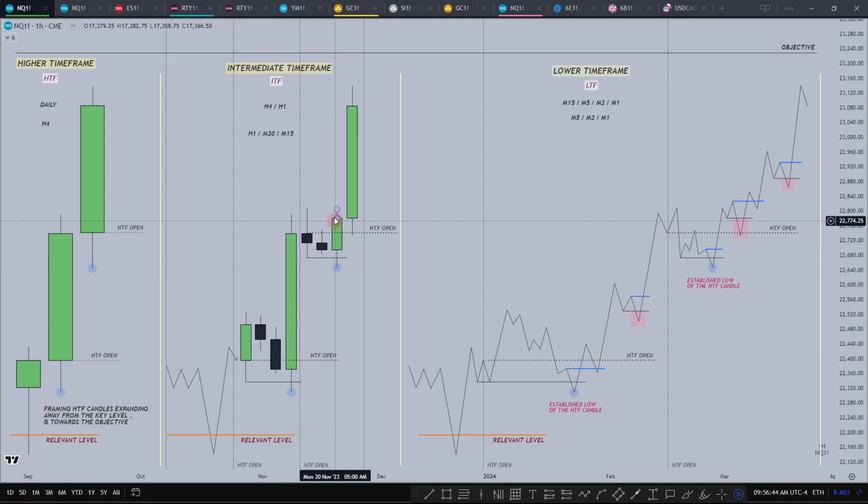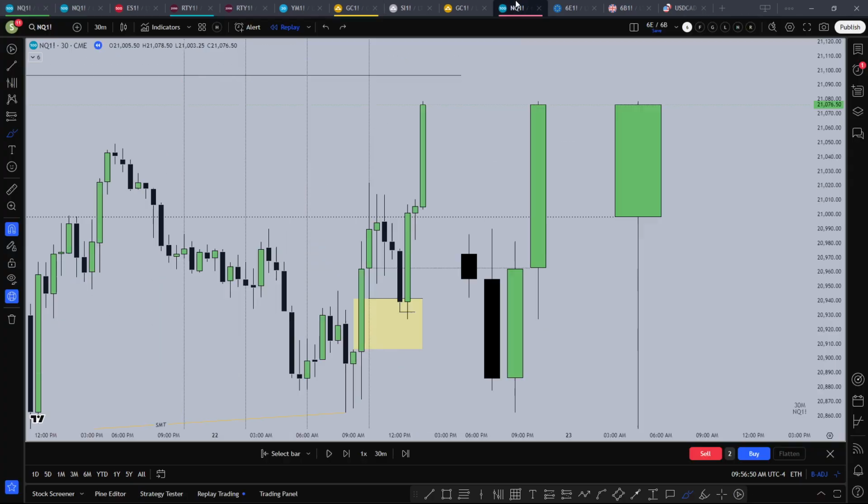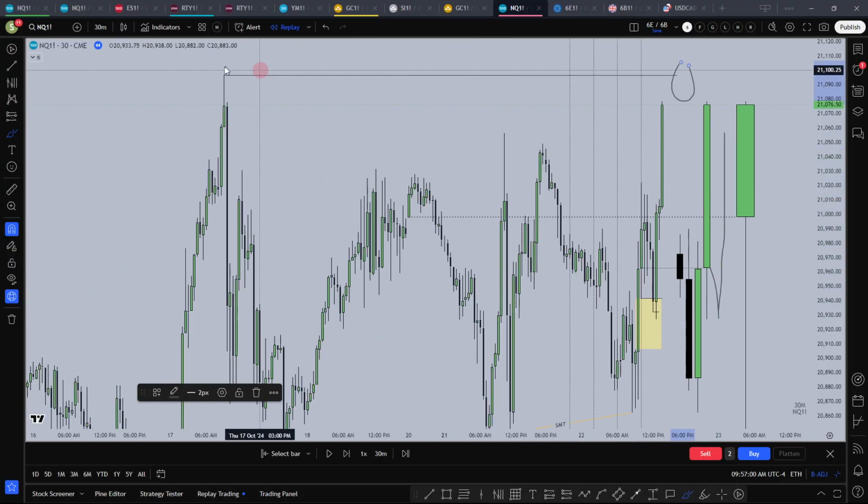So OLHC high time frame candle, so framing intermediate time frame candles in that high time frame candle. 10 a.m. open low high towards that objective, the relevant opposing swing.